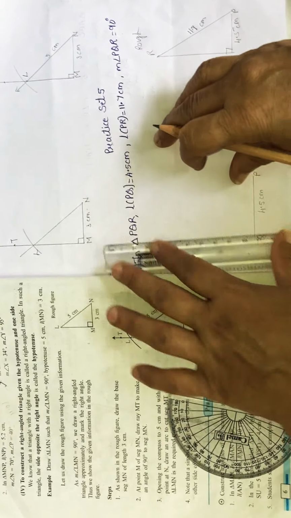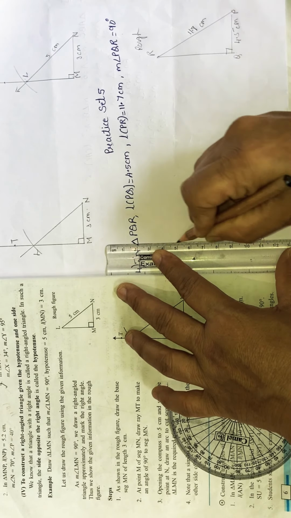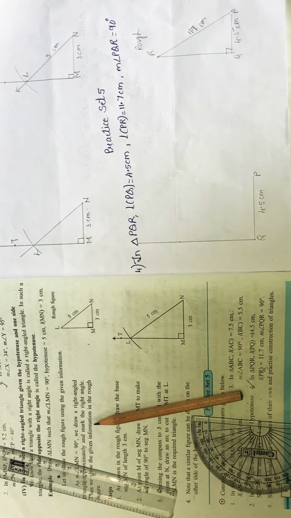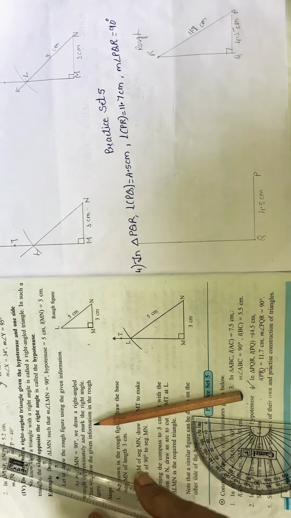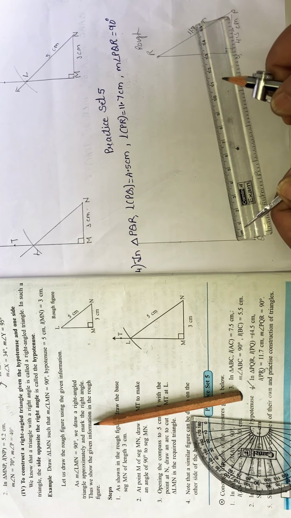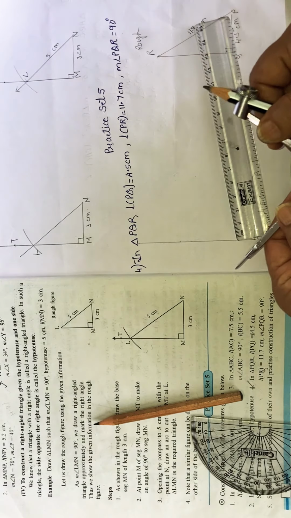So I will draw a straight line here, passing through that point. Now PR is 11.7 centimeters, so we'll have to take it on the scale. 11.7. We have to do it like this as far as possible.